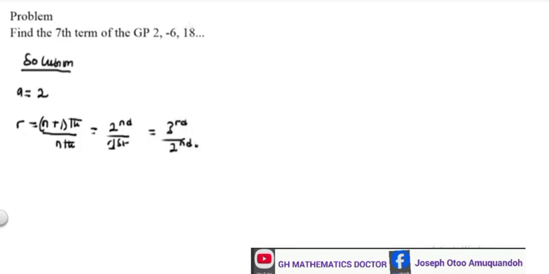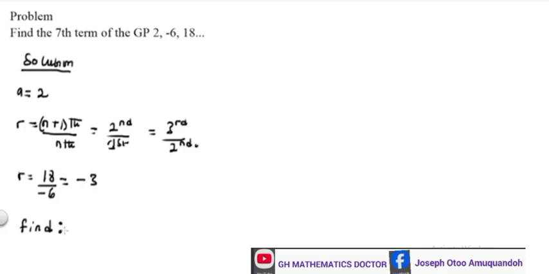So you just take the numbers and find the ratio of them, and the ratio is going to be the same. All right, so we have the common ratio taken from this side, which is 18 over negative 6, and the common ratio is going to be negative 3. That's what we are going to substitute into our formula.